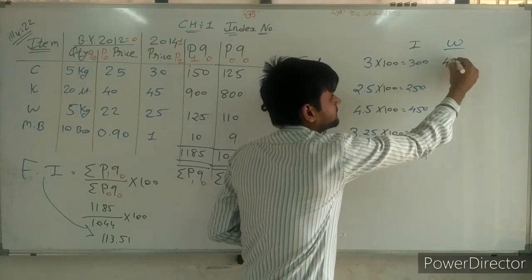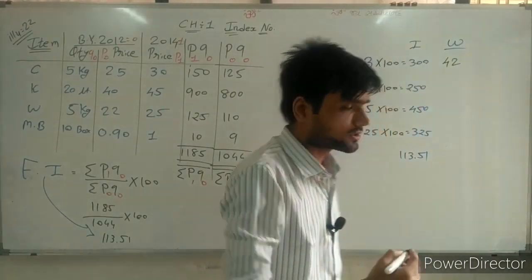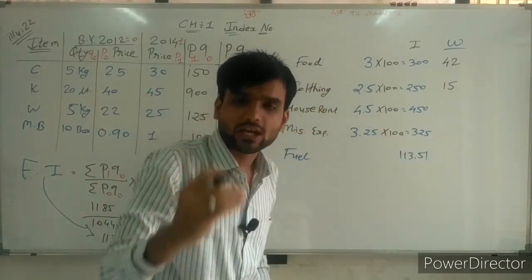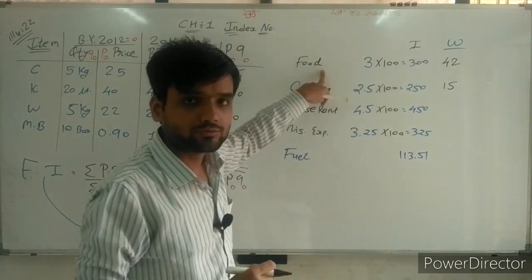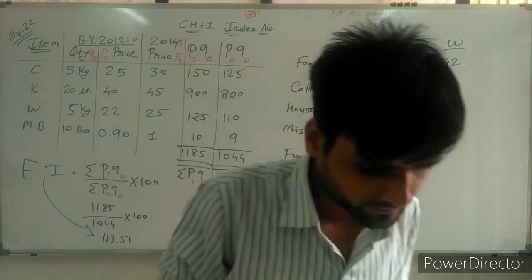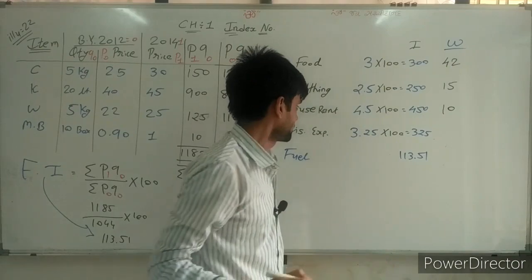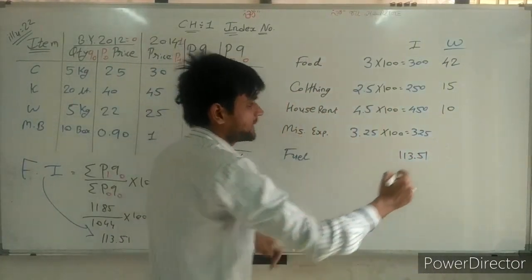So 42%. Next, 15%. So from total expenditure, they are spending 42% on food, 15% on clothing, 10% on house rent, 12% on miscellaneous expenditure.